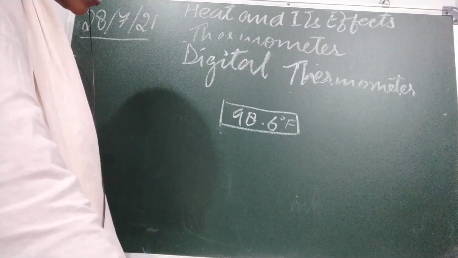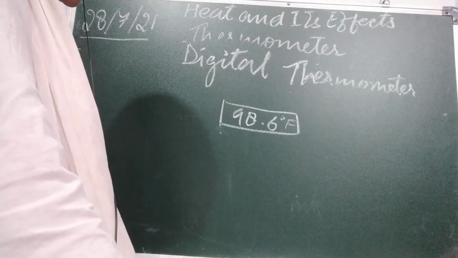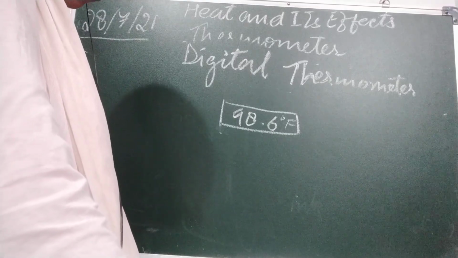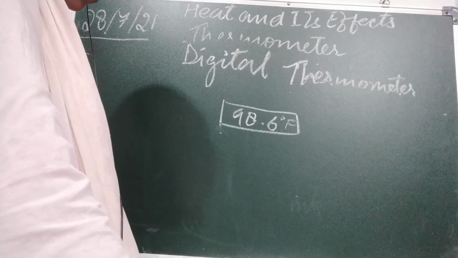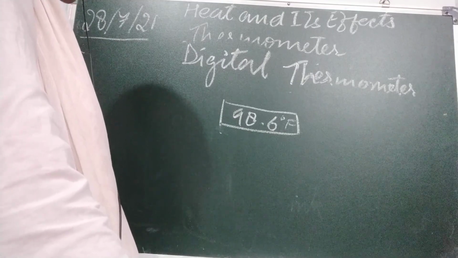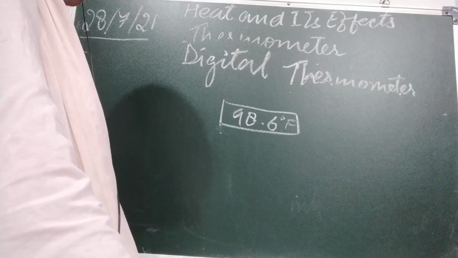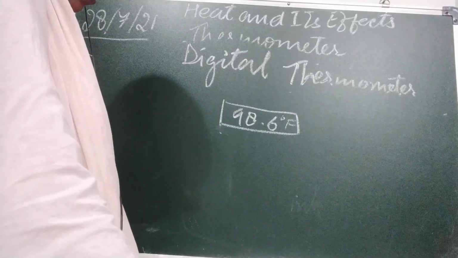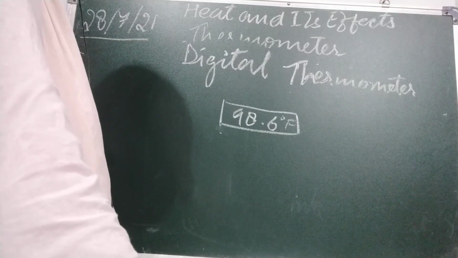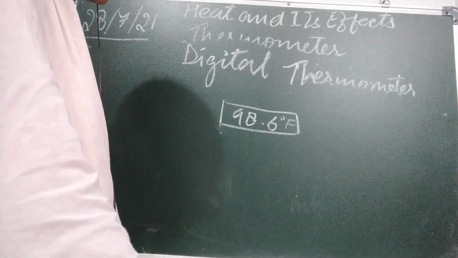It uses special liquid crystals that change color according to temperature. They are generally used to measure the body temperature of small babies. It is in the form of a strip that is applied to the forehead of the baby.